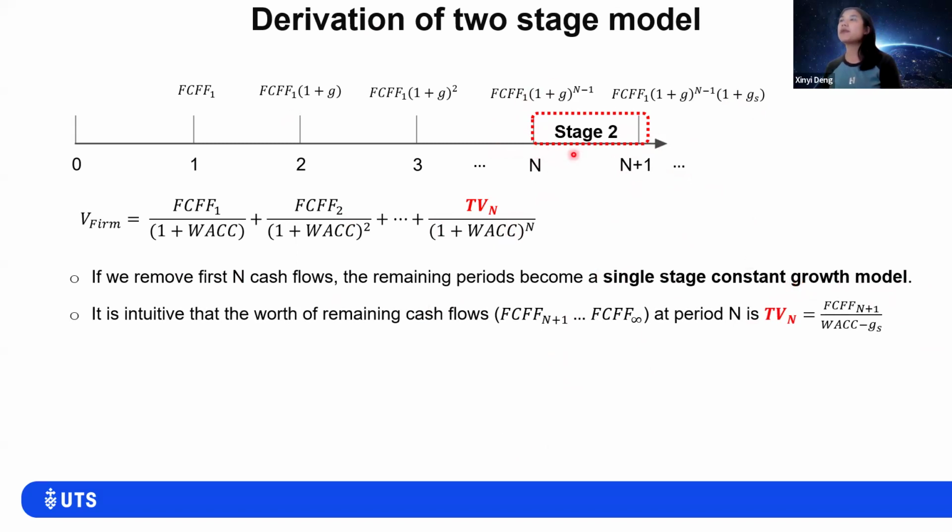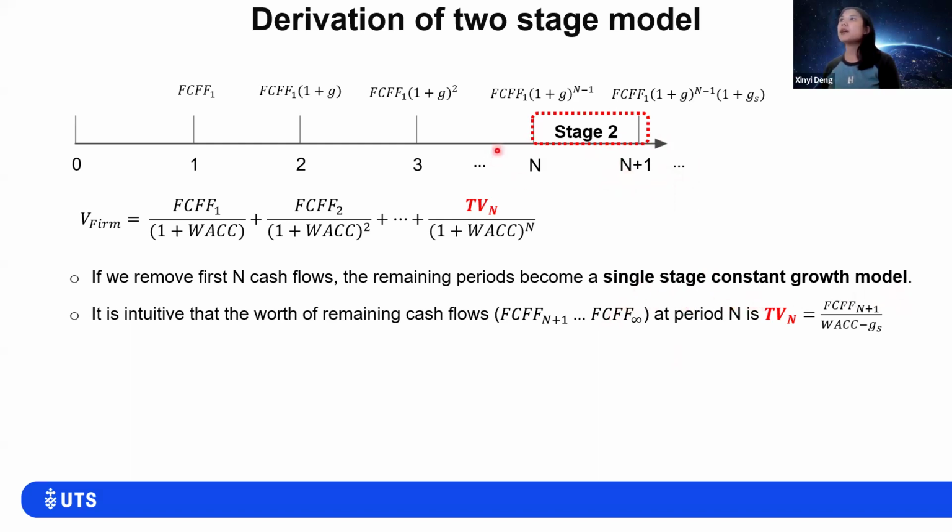Also, because stage 2 actually starts at the end of period N, we should be using the cash flow at period N plus 1 as the first cash flow of the constant growth model.